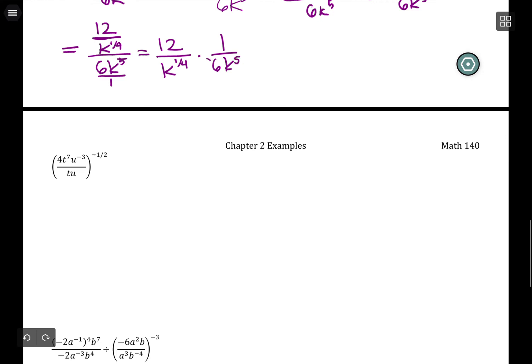We can cancel a 6 out of that, so we get 2 on the top. On the bottom, we have k to the 1/4 times k to the 5, which should be k to the 1/4 plus 5. And to make that denominator match up, we're going to have to multiply top and bottom by 4. So we're going to have k to the 21 over 4.